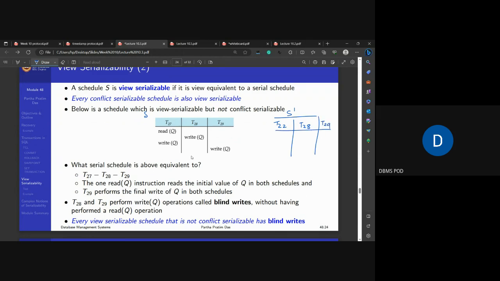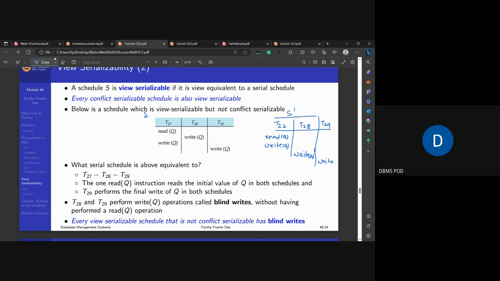Suppose this is a read Q, then write Q, then write Q, then also write Q. In the schedule S, the initial read of data item Q is by which transaction?